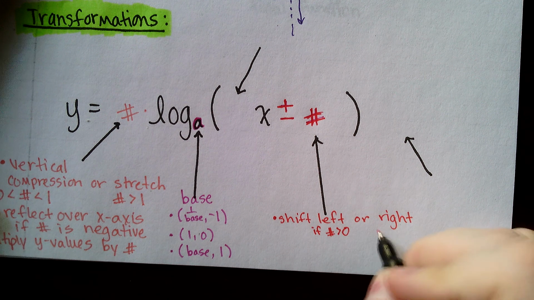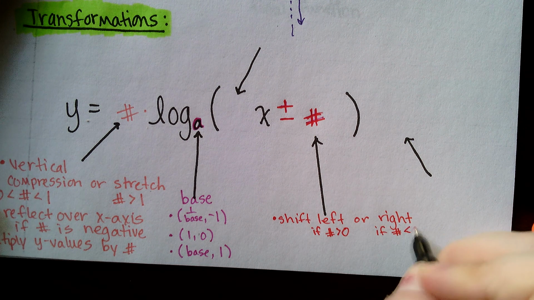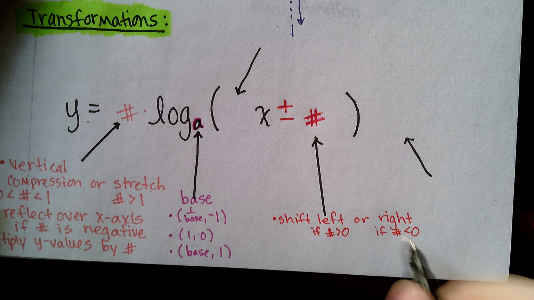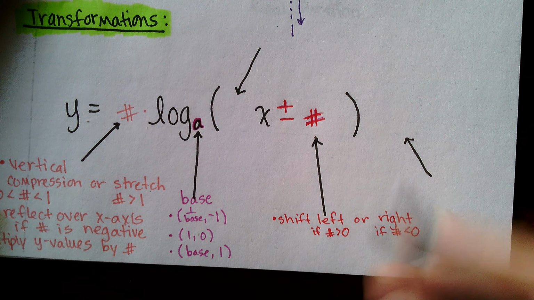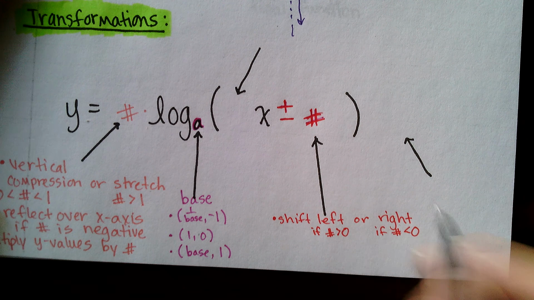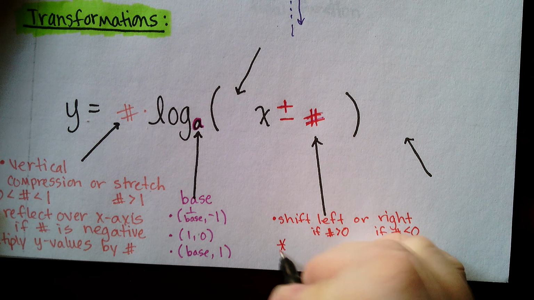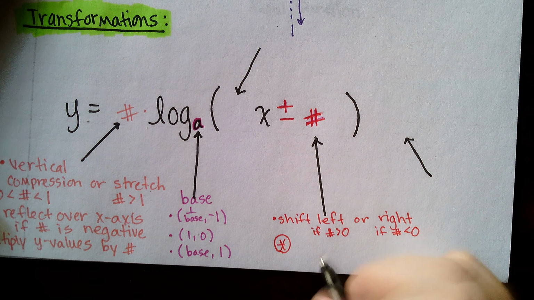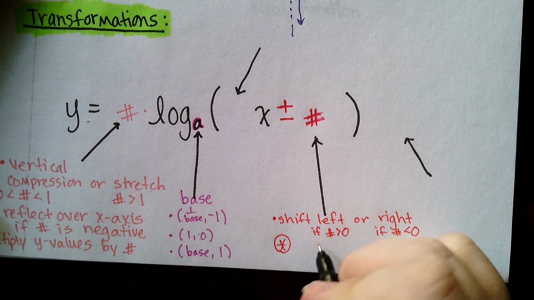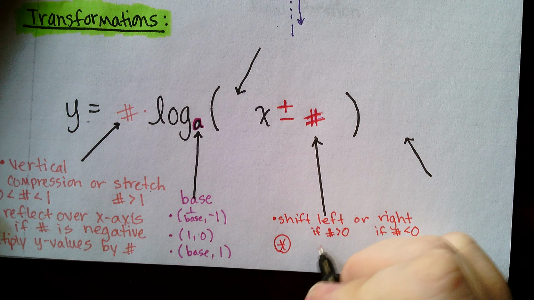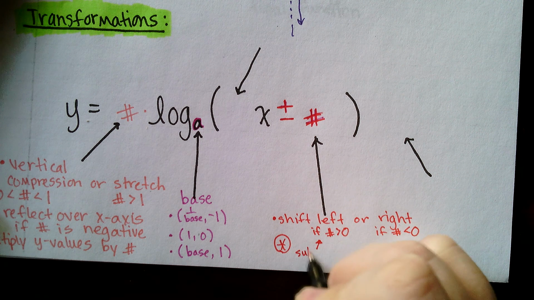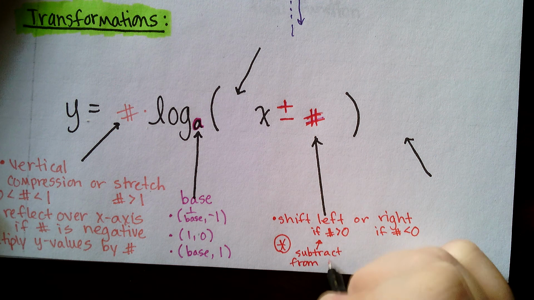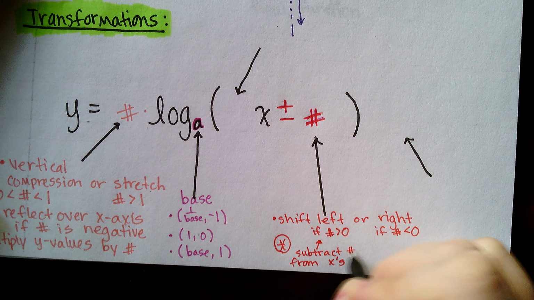It's a shift right if that number is negative. So it shifts right if it's a negative number, shifts left if it's a positive number. And so what we're going to do on our 3 special points is, if it's shifting left, you're going to subtract that number from the x's.